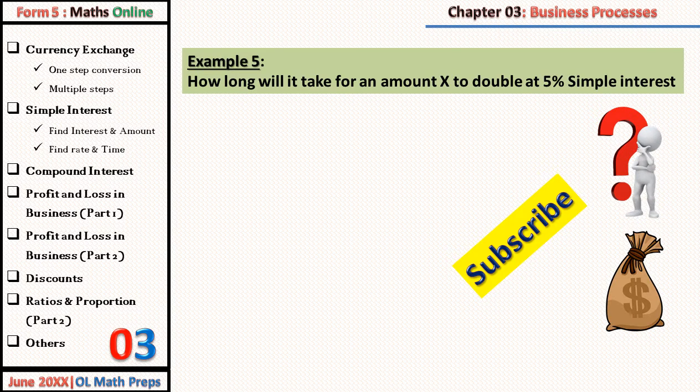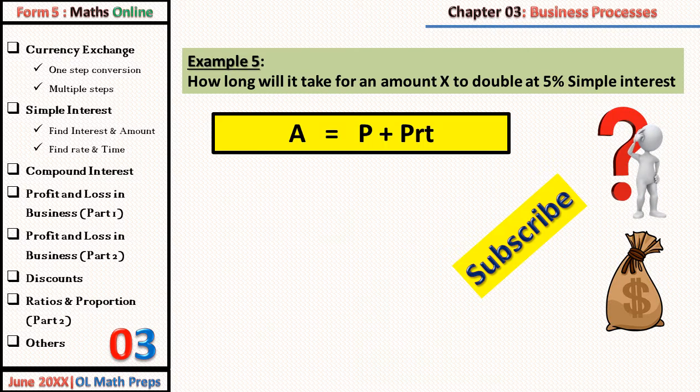Example 5. How long will it take for an amount X to double at 5% simple interest? We know that amount is equal to principal plus simple interest, and simple interest is given by principal times rate times time. So from here we have the principal, which is X, plus X times rate times time, should be equal to 2X, because they say the amount that was saved doubles, from X to 2X.